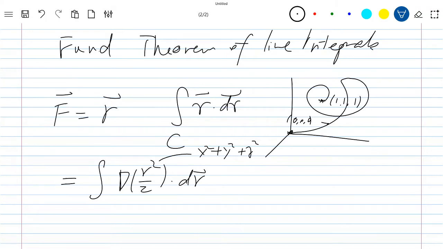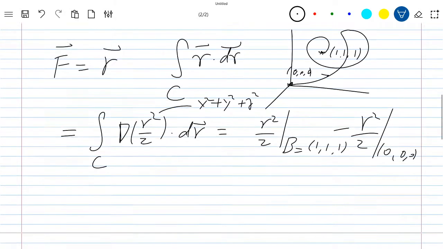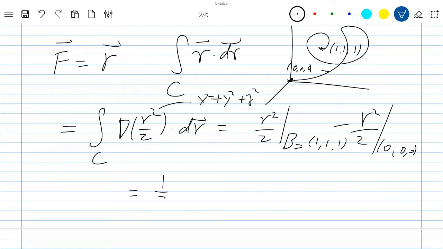And then it's along this C, but we know it's just the function evaluated at B, which is (1, 1, 1), minus the same function evaluated at (0, 0, 0), and that is 1/2 times (1 squared plus 1 squared plus 1 squared) minus 0, so it's just 3/2.